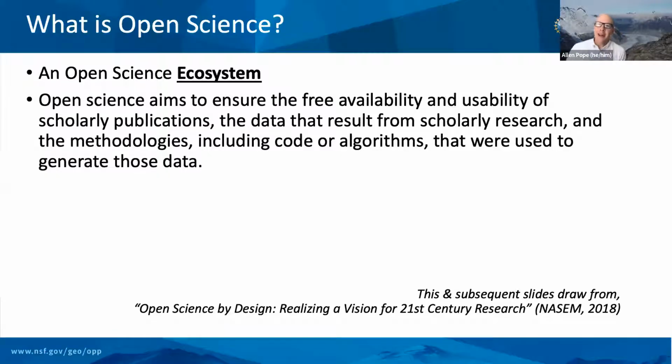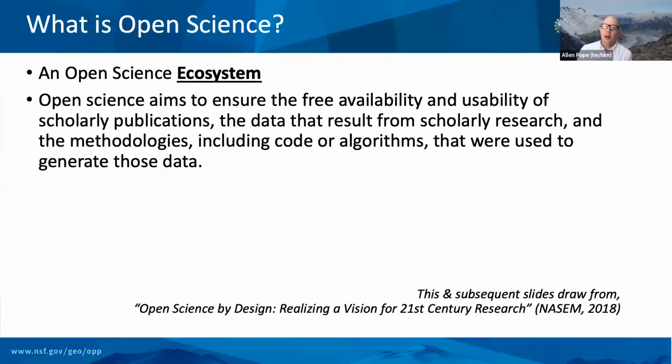So what is open science? Let's start there. There are lots of different definitions. And for the purposes of this talk, for this slide and some of the others, I am drawing some language from a report from a couple of years ago called Open Science by Design, Realizing a Vision for 21st Century Research. So if you're interested in it, it was published by the National Academies of Science.